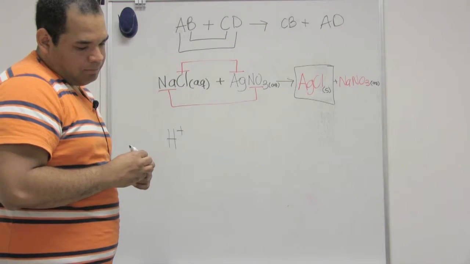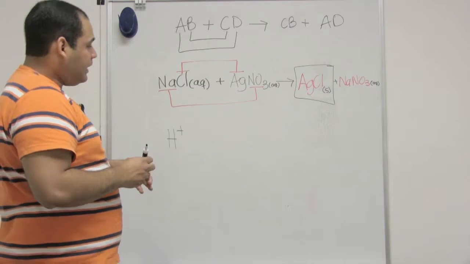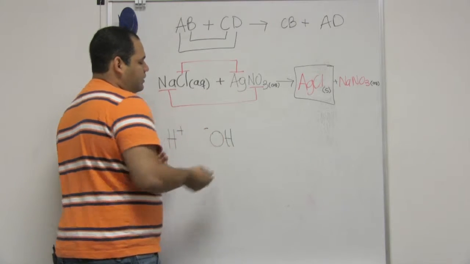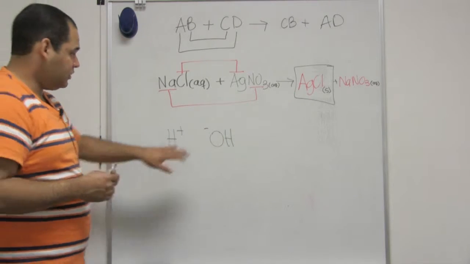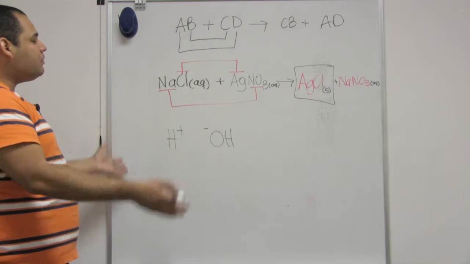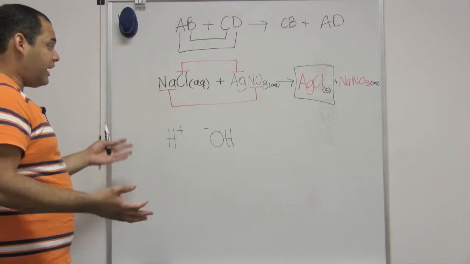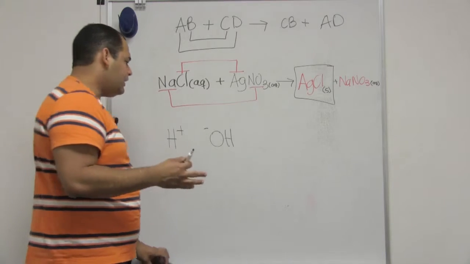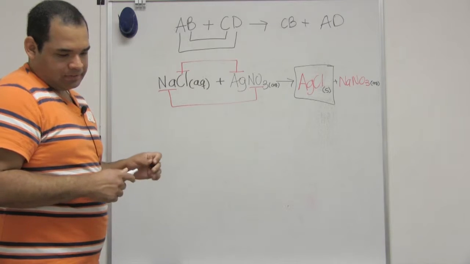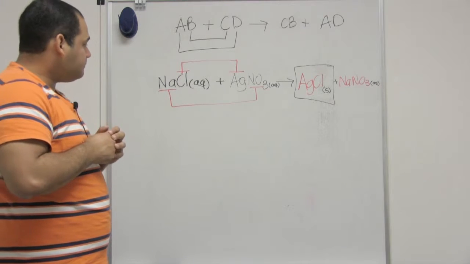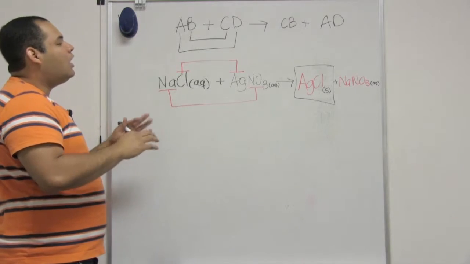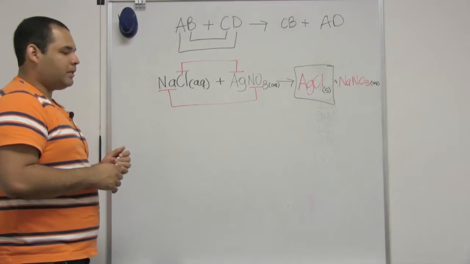A base increases the number of OH minus in solution as well. So I will teach you an easy way to identify acids and bases. For Chemistry 101, this way will be good. But before that, we need to remember that acid-base chemistry always produces water in a final product.